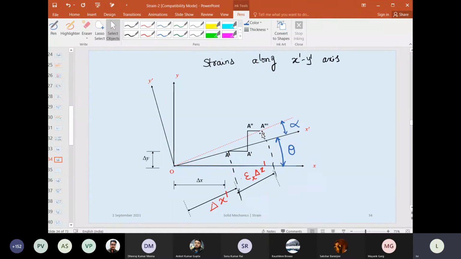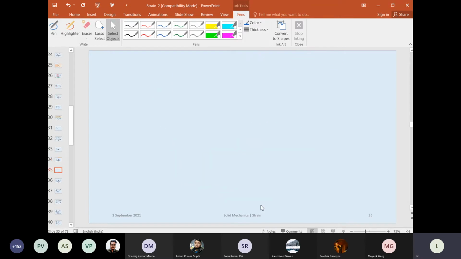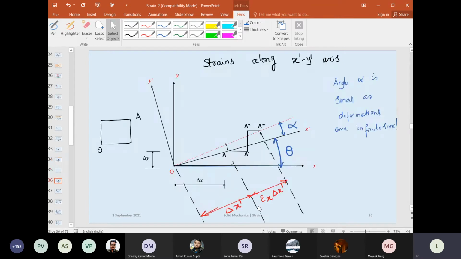I project this point, and this point is also you can project from here to here. Whatever is the length, that length is your epsilon x into delta x prime. Because totally you have epsilon x prime into delta x prime.